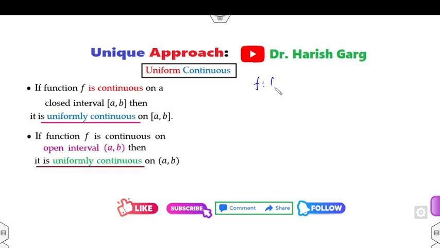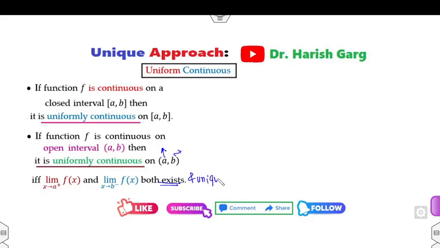Second, if f is a function from (a, b) to R, then you need to prove two things. First, f is continuous on the open interval (a, b), and second, the limits as x approaches a from the right and b from the left must both exist and be finite. Whether they are equal or not, it may or may not be, but they must exist. Also remember that in this case a or b may be finite or infinite.